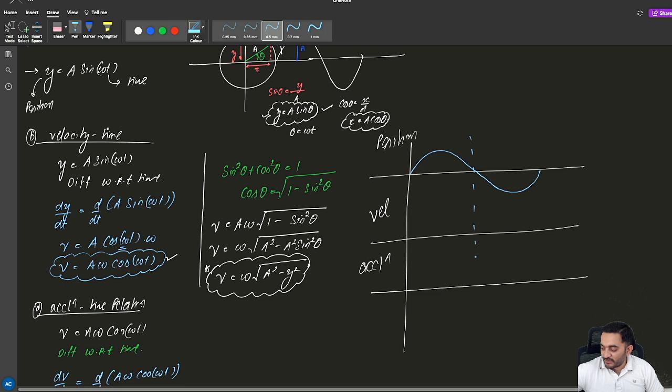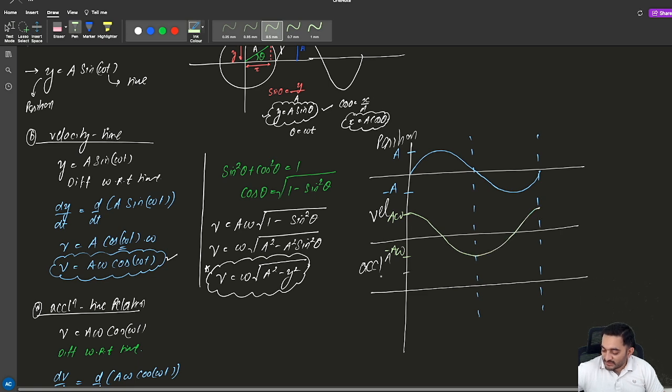Velocity time graph, what have you written? A omega cos. So it is a cos graph, the maximum amplitude is a and minus a for position, and the value will be a omega and minus a omega for velocity.